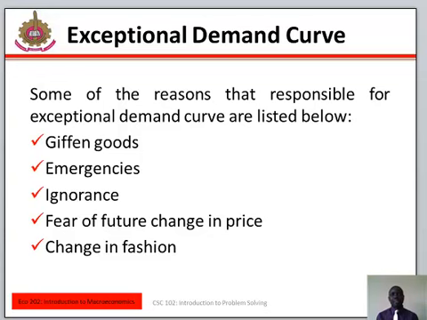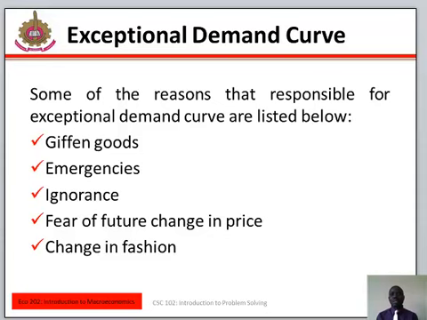Giffen goods. Some special varieties of goods are termed as Giffen goods. Cheaper varieties of goods, like maize and rice, fall under this category. Sir Robert Giffen observed that people used to spend more of their income on inferior goods like maize and rice, and less of their income on, let's say, meat, milk, and some expensive things like that, because maize constitutes their staple food.